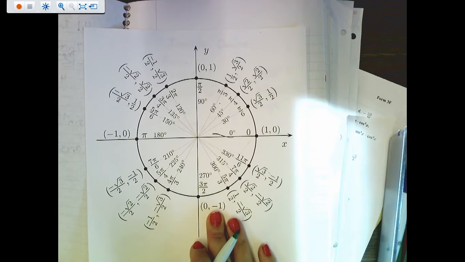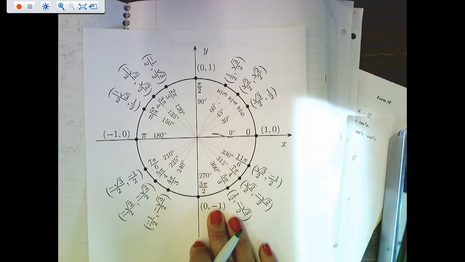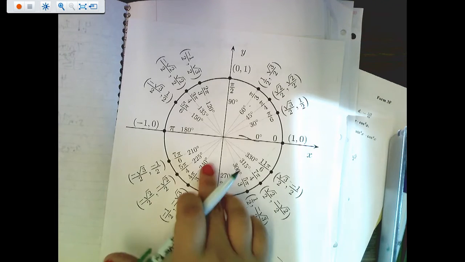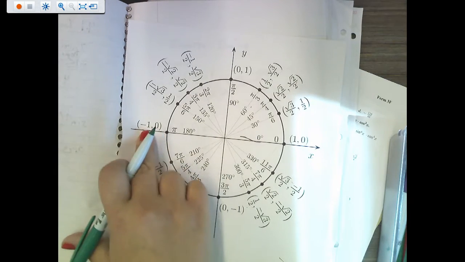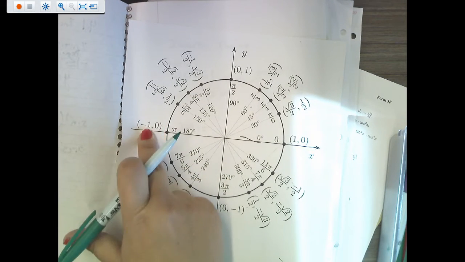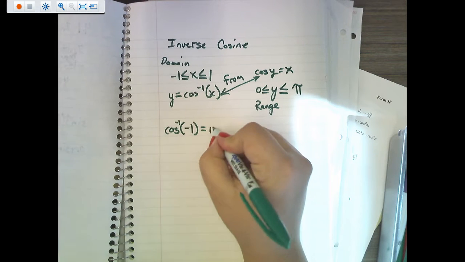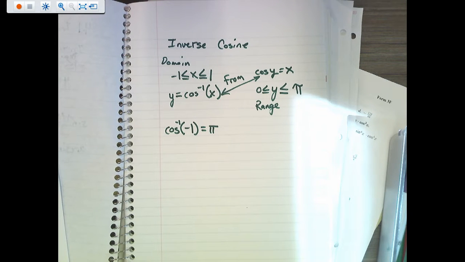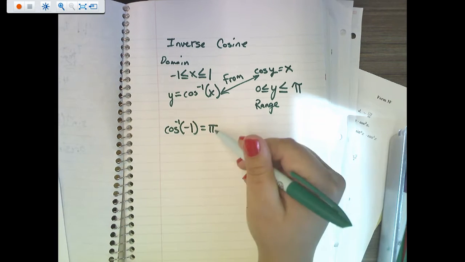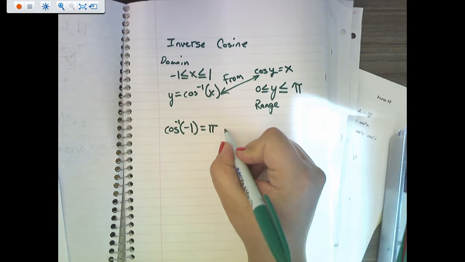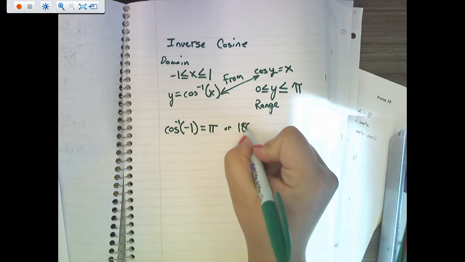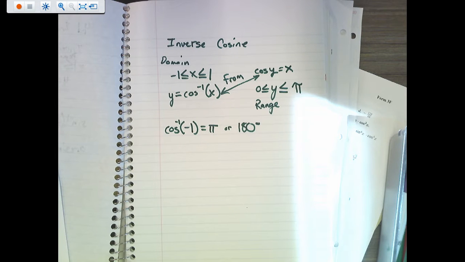That is at 3pi/2, but they don't want negatives. Cosines are x values, so it would be pi. Make sure you look at x values when you're looking at cosine. Okay, so at pi. If your answer said degrees or radians, this would be your radian answer. In degrees, it would be 180 degrees. It's just whichever one it's asking you about.